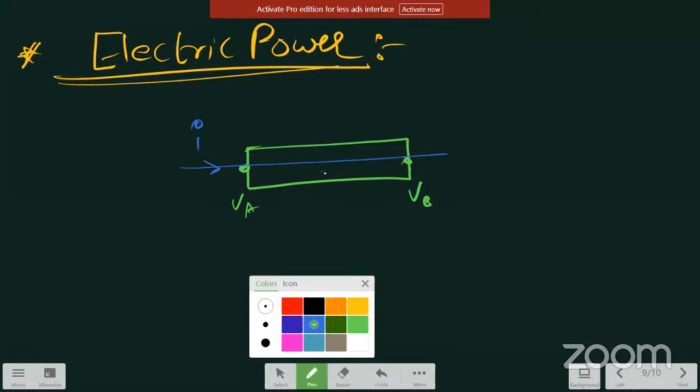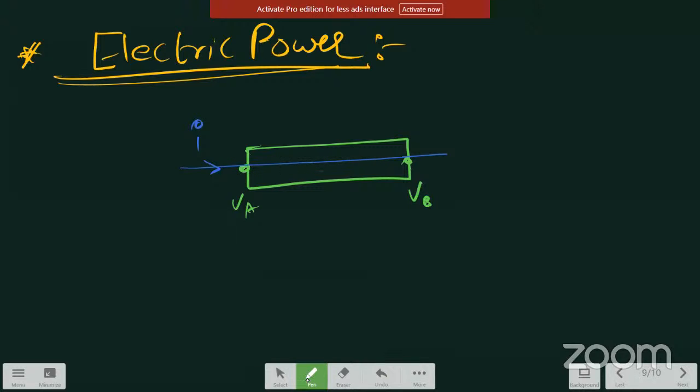Now we know that current is nothing but the rate of flow of charge. That means if delta Q is the charge flown within delta T time, then delta Q is I into delta T.